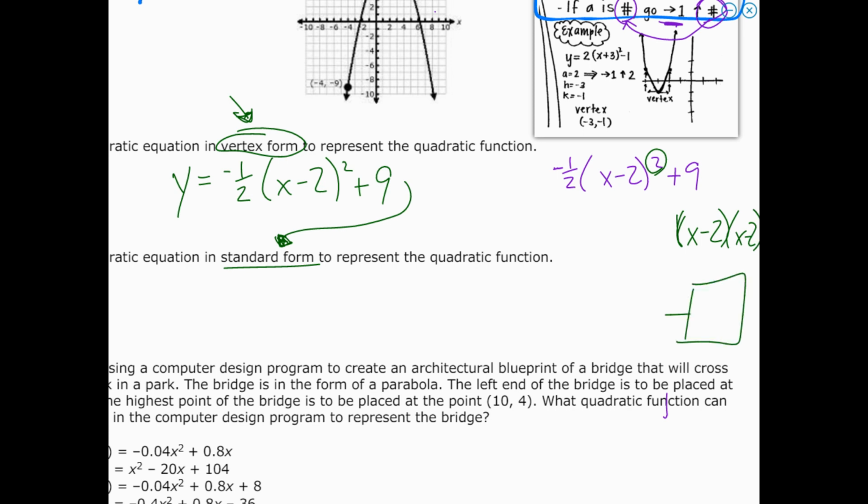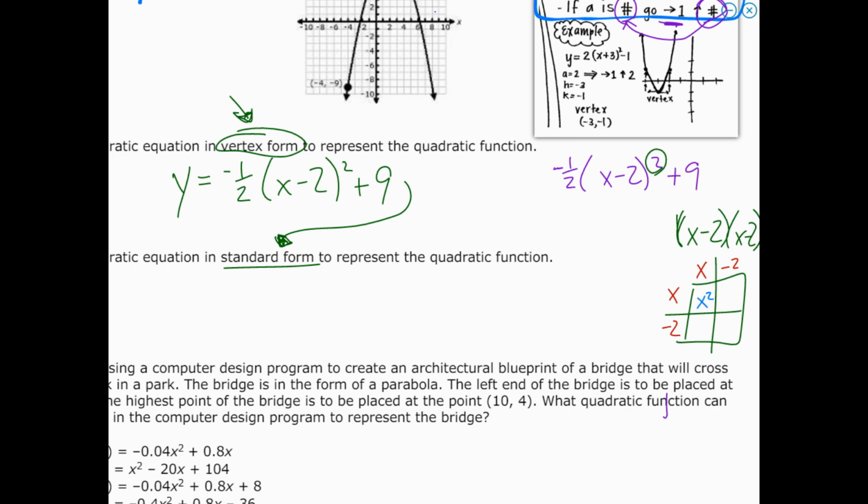I can use the box method, or you can use FOIL, or you can use the shortcut if you have it memorized. It's a formula. But I'm going to do x minus 2 times x minus 2. So what is x times x? X squared.